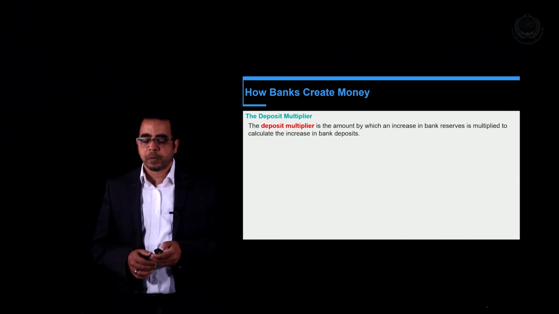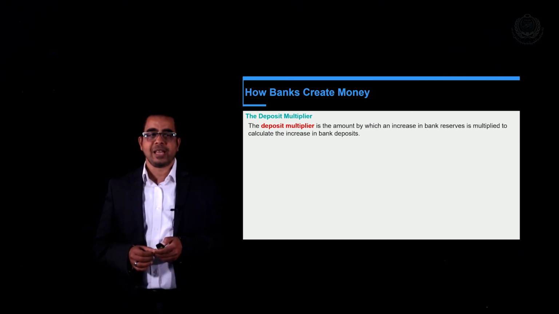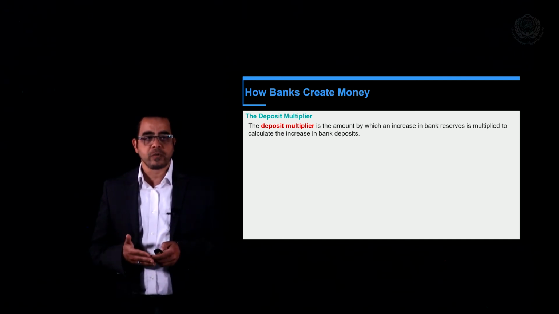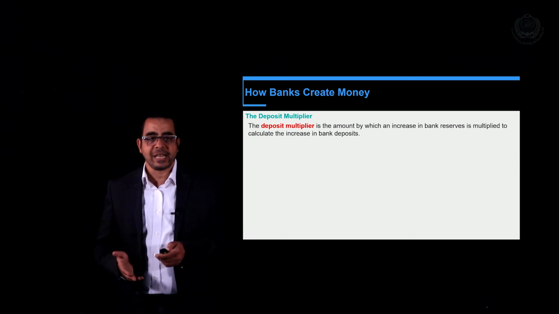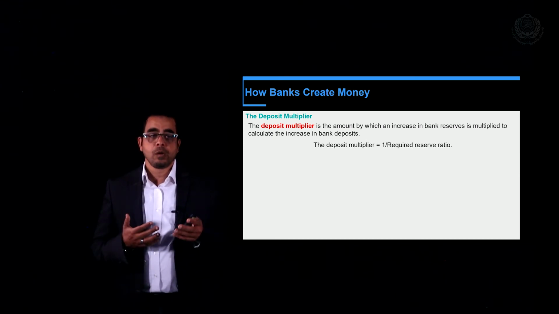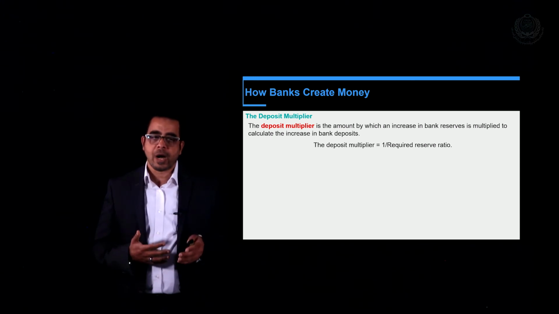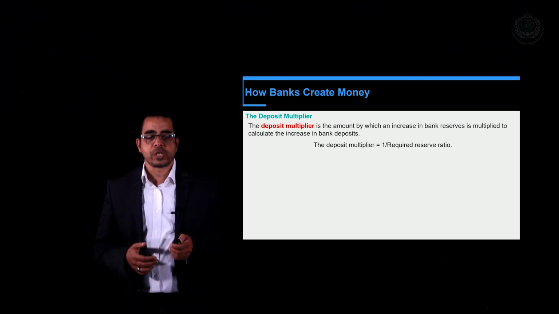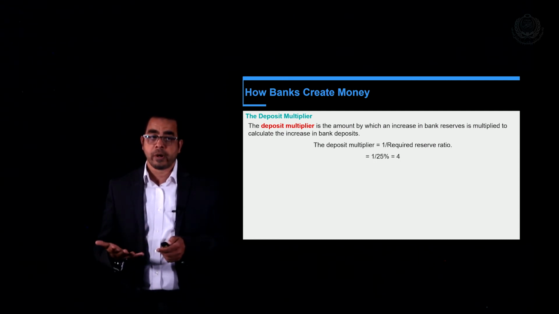The deposit multiplier law says that the amount of the increase in reserves is multiplied to calculate the increase in bank deposits. It's calculated simply by 1 over the required reserve ratio, which in our case was 25%. So 1 over 25% is 4.